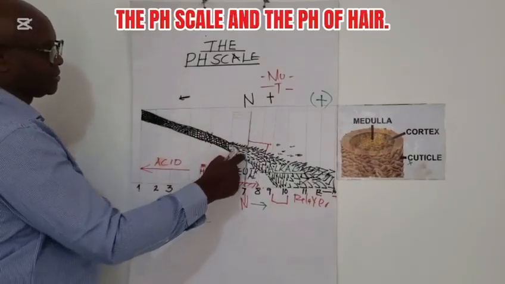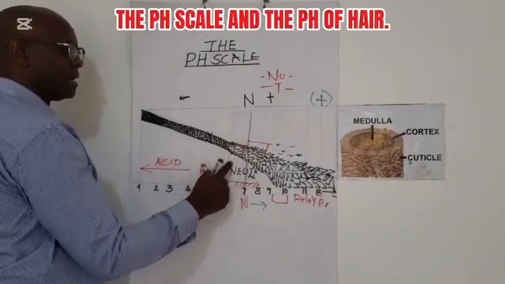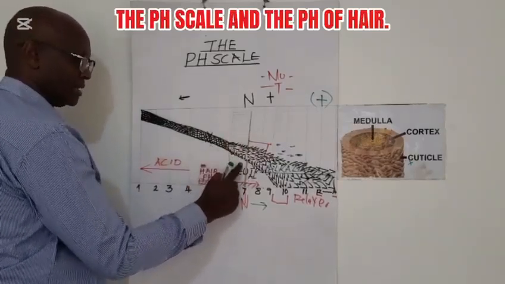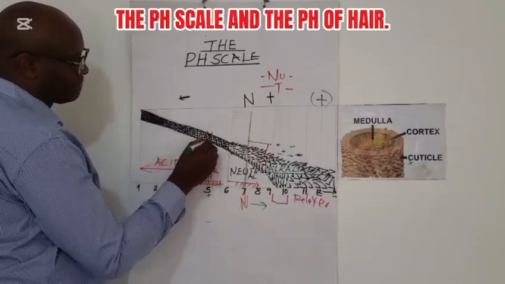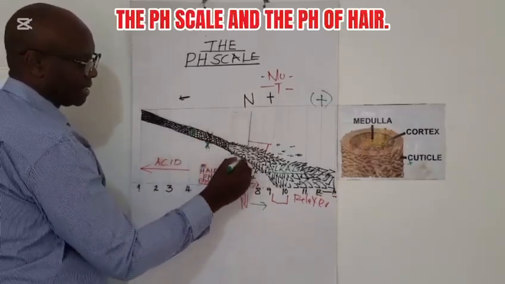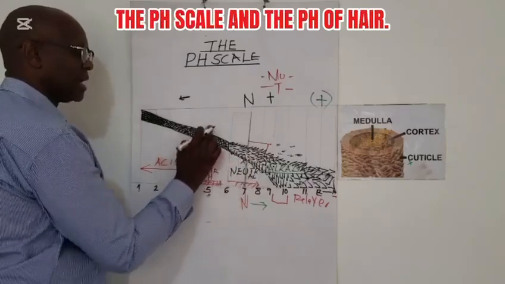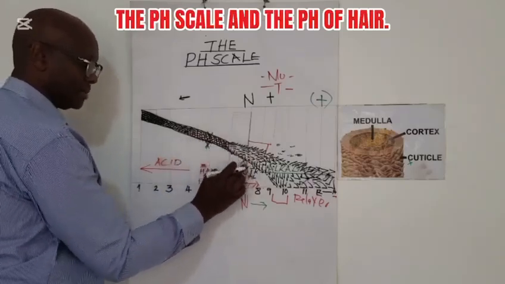So if you are left here, it means your hair will not be normal again. Remember, look at this hair. Go back to X. Then look at your hair at somewhere there. Still, you'll see a difference in the cuticle arrangement.